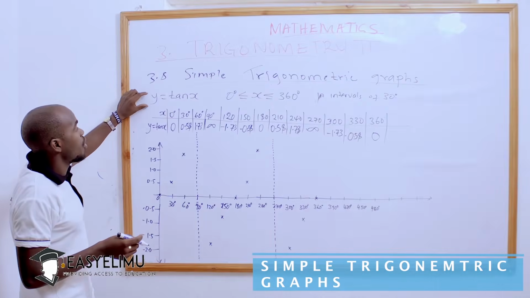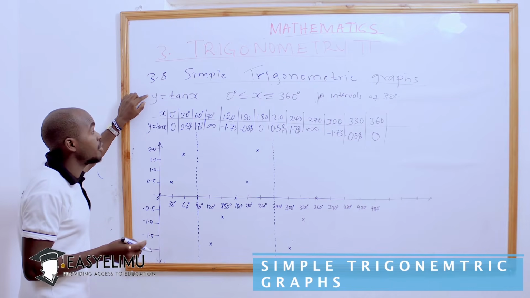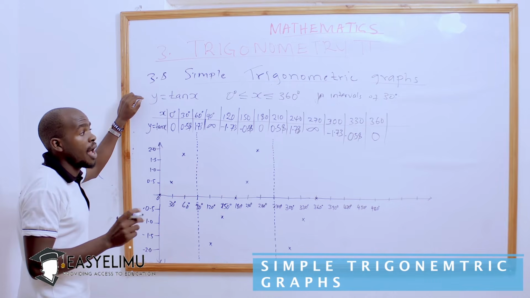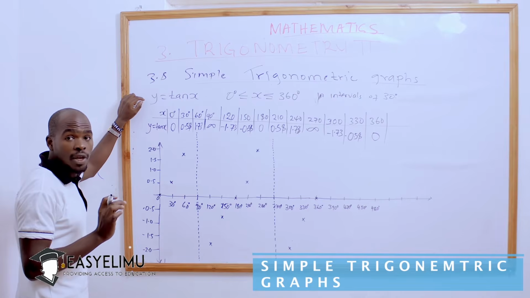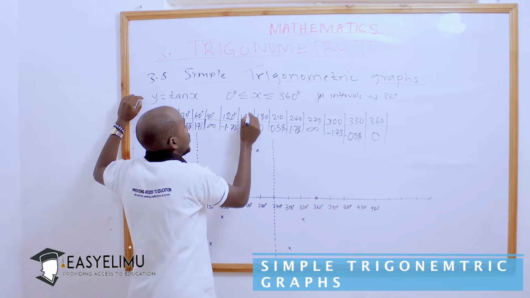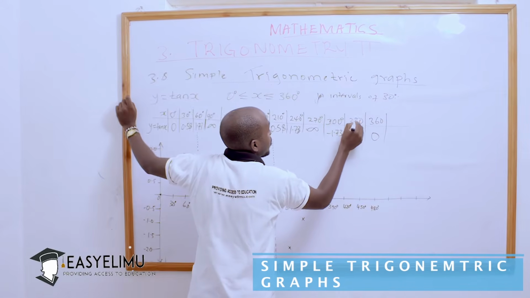Now we shall draw a graph of y equals tan x for intervals between 0 degrees and 360 degrees, and I will use intervals of 30 degrees.